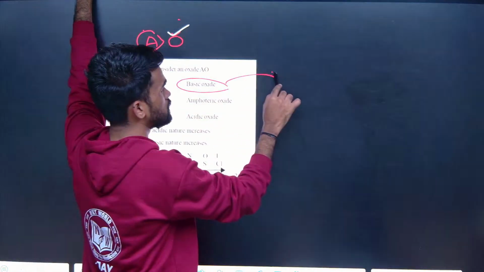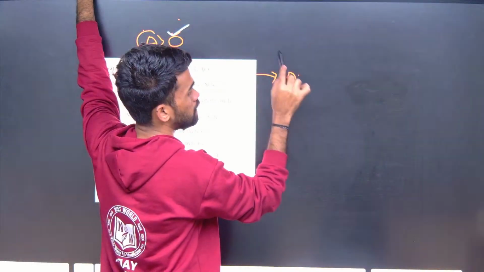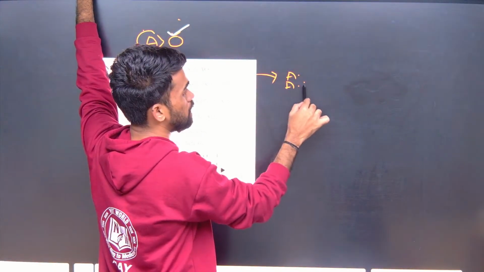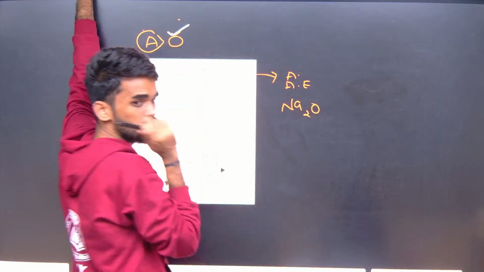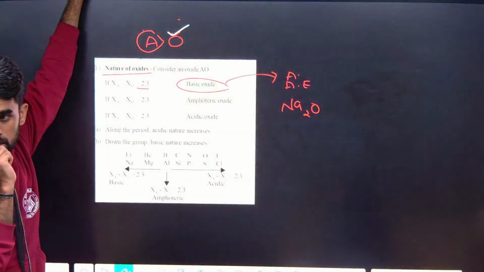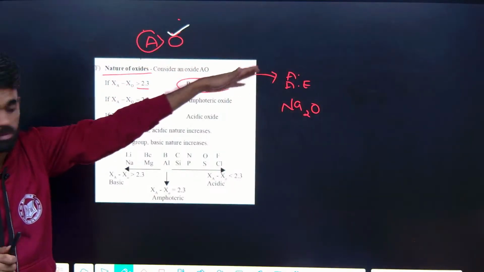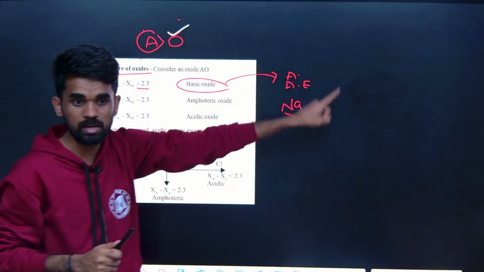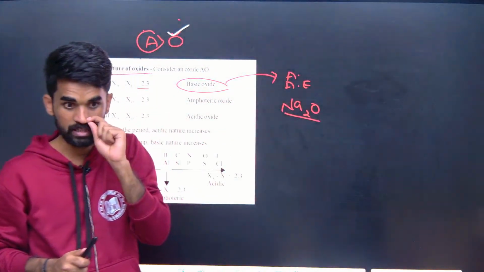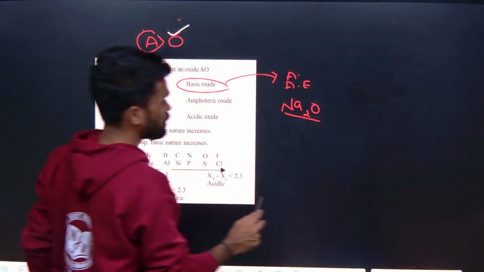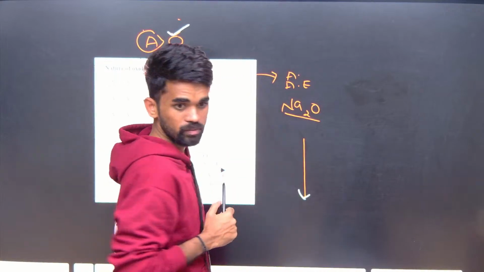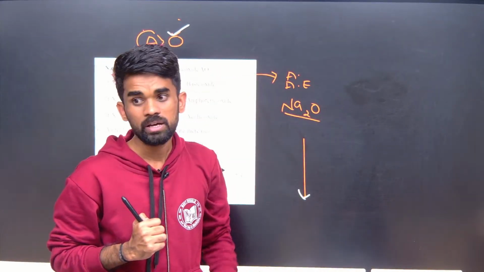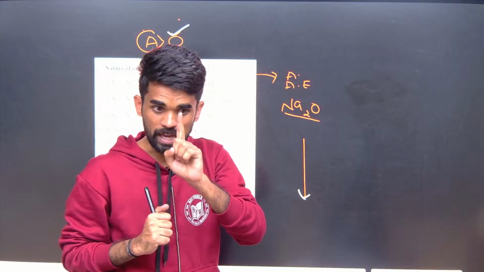the examples that come here are alkali metal oxides and alkaline earth metal oxides, like sodium oxide, potassium oxide, superoxides. These oxides are basic. Alkali metal oxides are basic in nature. And remember this, even the second group elements, magnesium, calcium, strontium, their oxides are also basic except one.